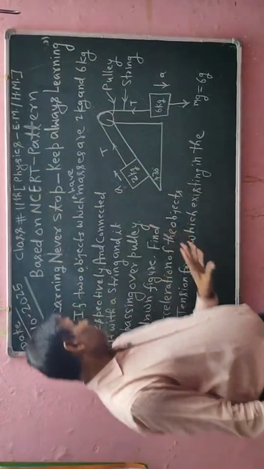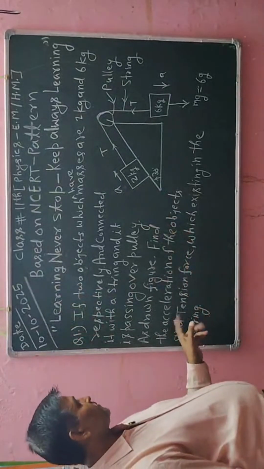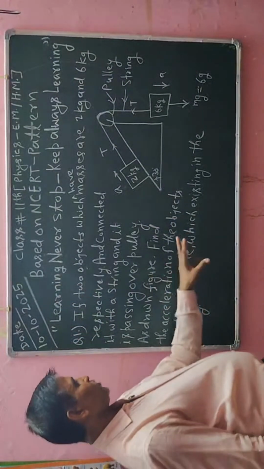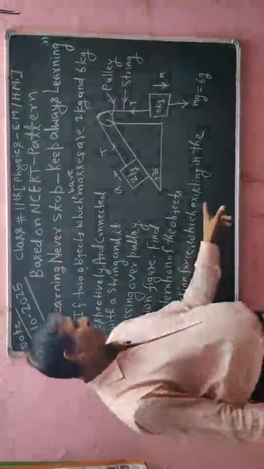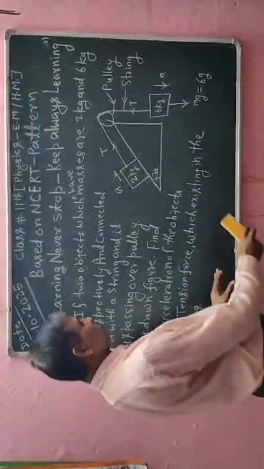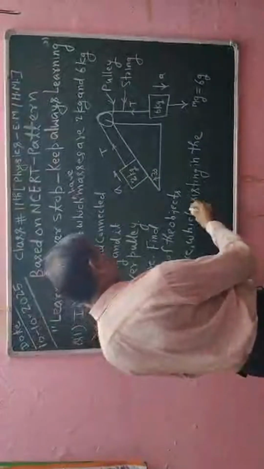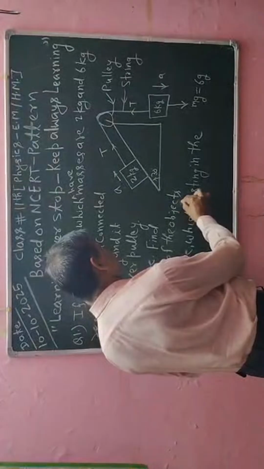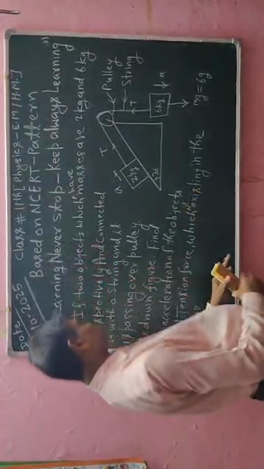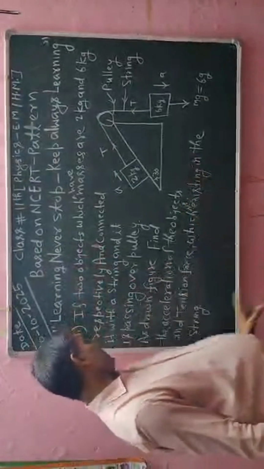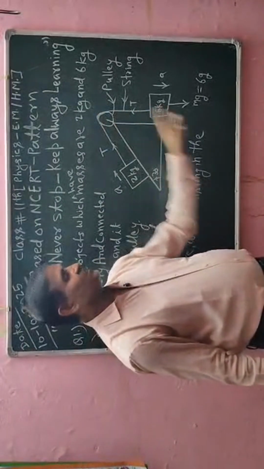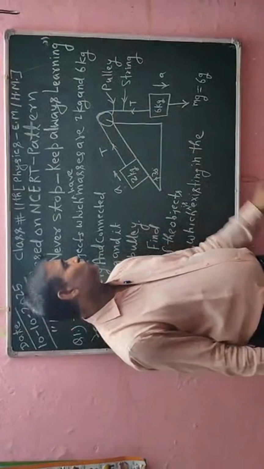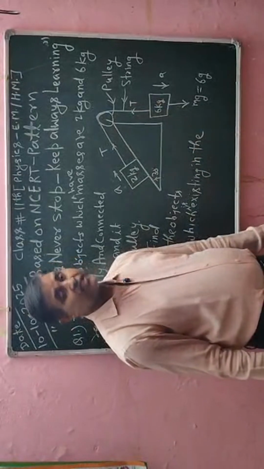Now find the acceleration of the objects and the tension force which is existing in the string. In this string there is a tension force, and we have to calculate that tension force.